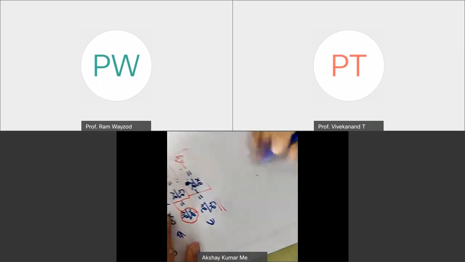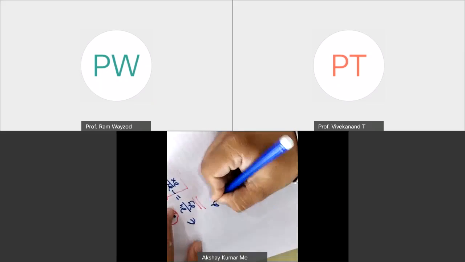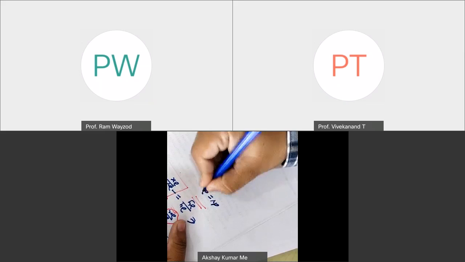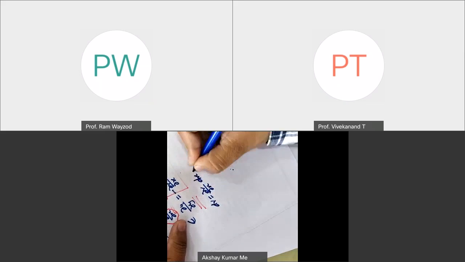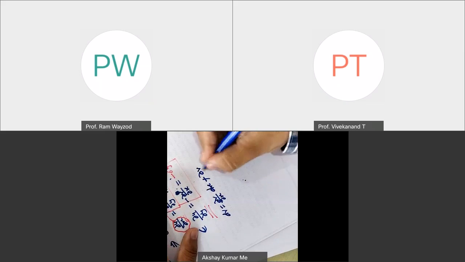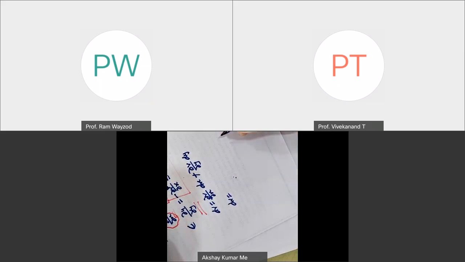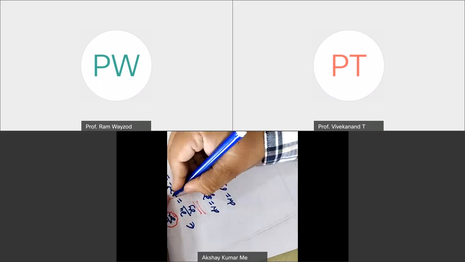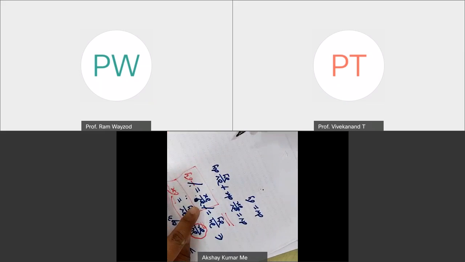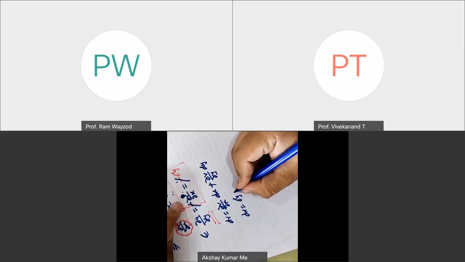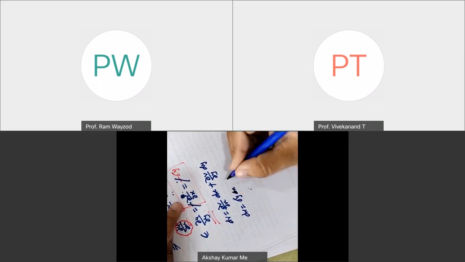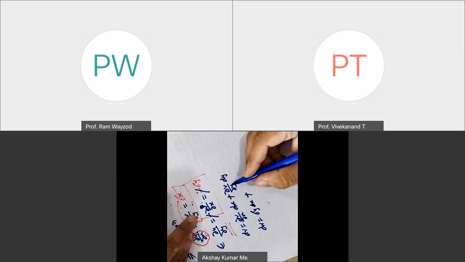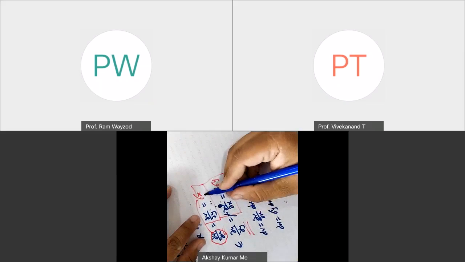Now, the chain rule: dv is equal to del v by del x dx plus del v by del y dy. Now substitute the corresponding values. So del v by del x will be 6y, this minus gets cancelled, dx plus del v by del y is 6x dy.